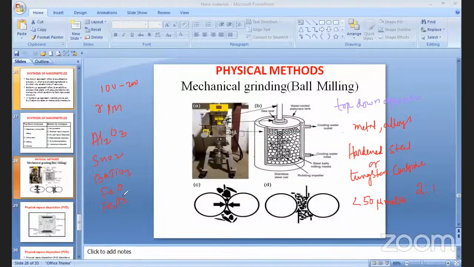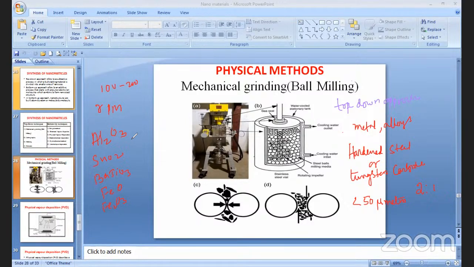So when we take metals and alloys like cobalt, chromium, wolfram, aluminum, ferrous or silver, and different metal oxide nanoparticles such as Al2O3, SnO2, BaTiO3, iron oxide FeO and Fe2O3, they are synthesized using this ball milling method.